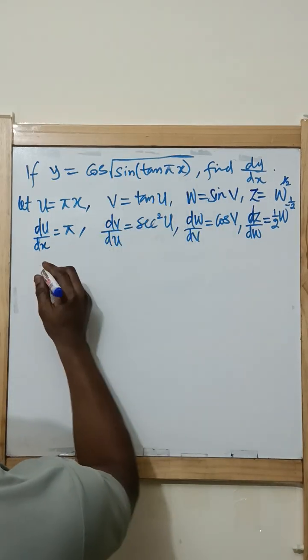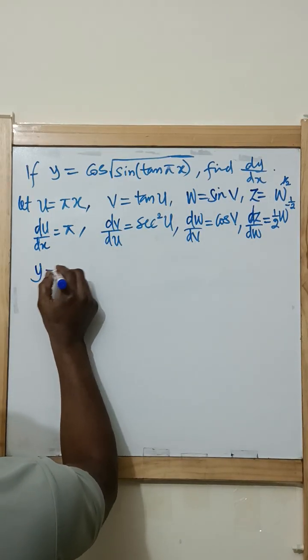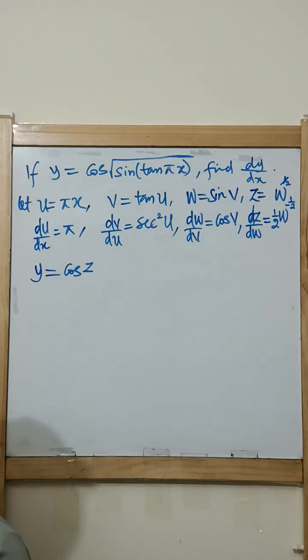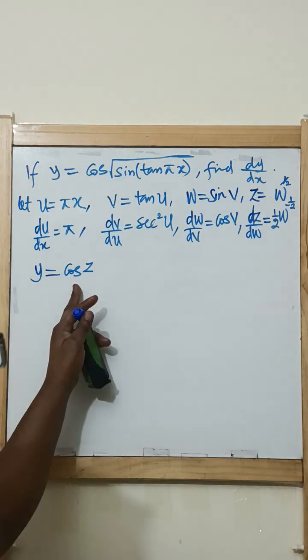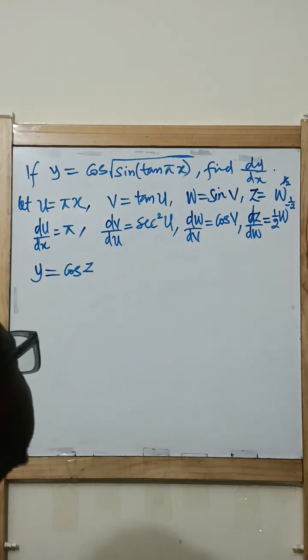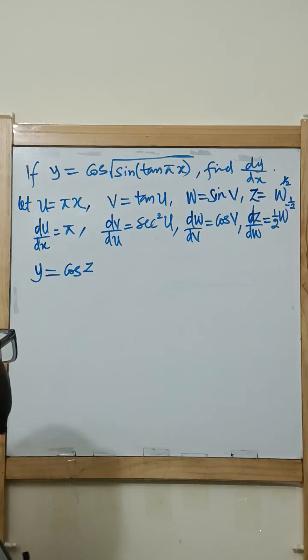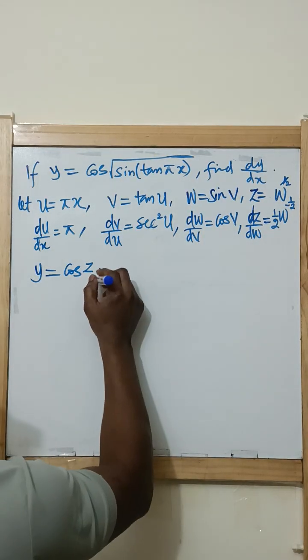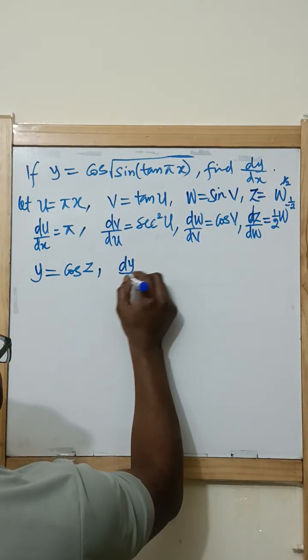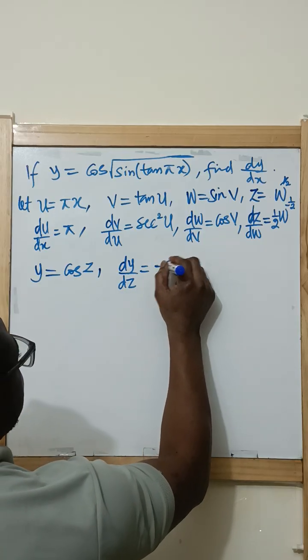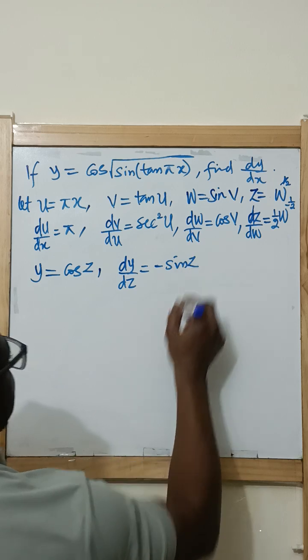Now the last one: y is equal to cos z, because z is that square root. So dy/dz is going to be minus sine z.